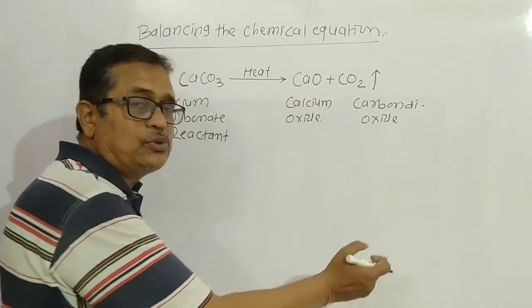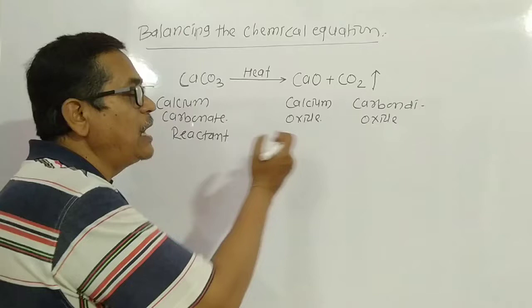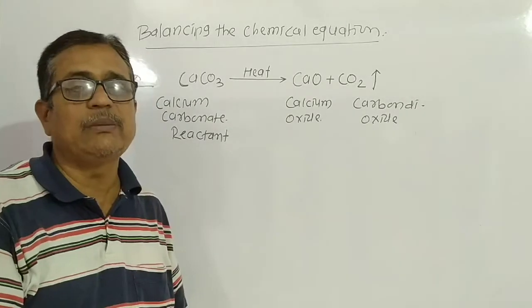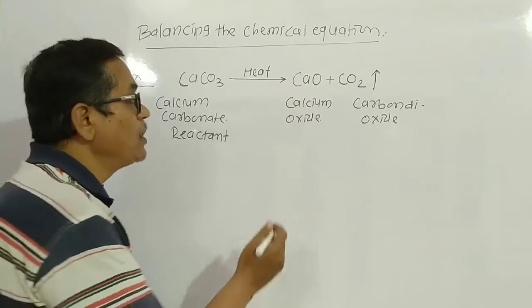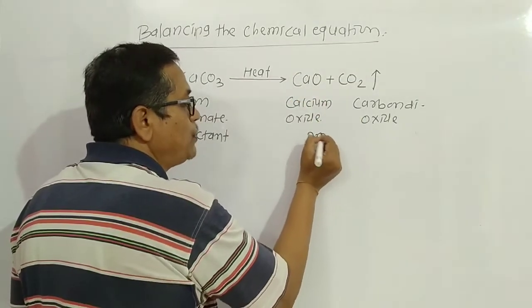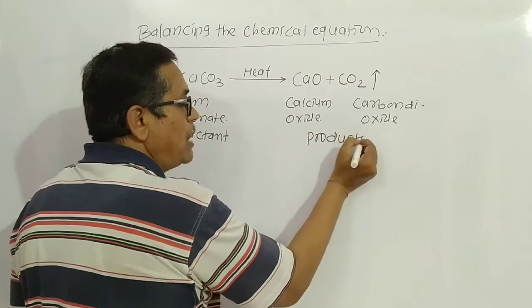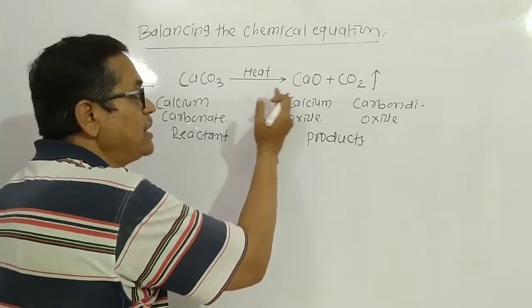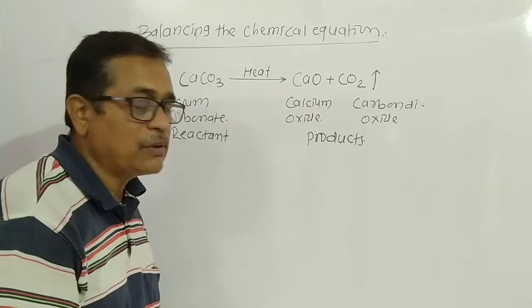Substances which are produced during a chemical reaction are called products. CaO and CO2 are the products, and products are represented on the right-hand side of the arrow.